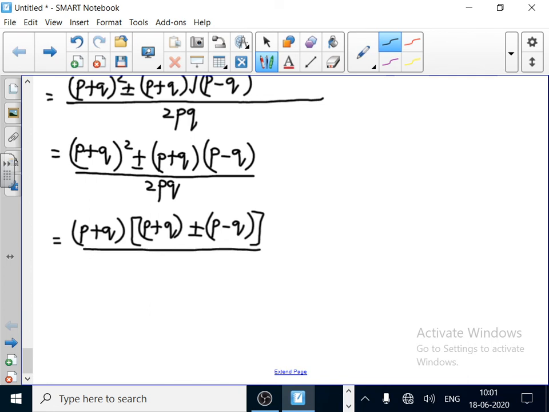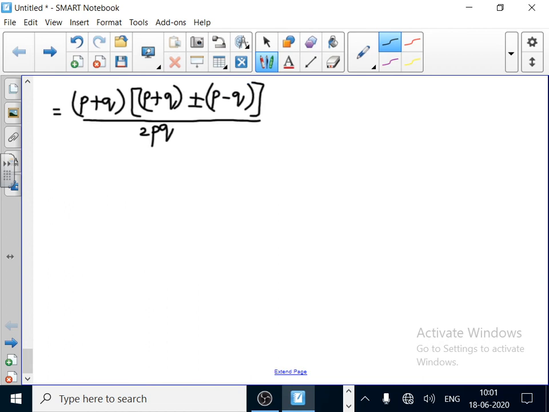Whole divided by 2pq. After that we cannot simplify, so we split it into two terms. That is equal to denominator 2pq, numerator p plus q, outside we are having p plus q, plus p minus q.